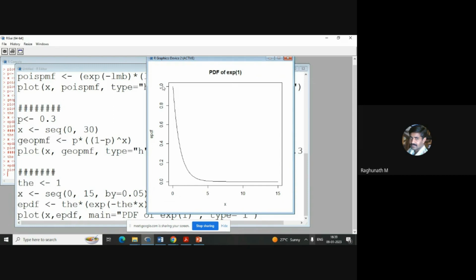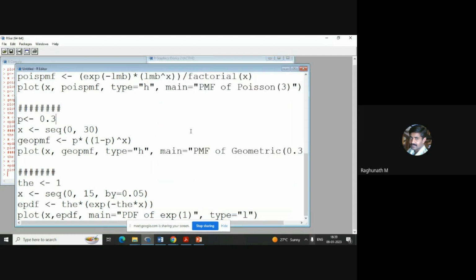If you look into the graph, it starts with 1 and it will decrease. So this is the advantage of plotting the graph of the PMF or PDF. We are able to see how the functions are behaving actually. This is one of the things which I wanted to show you.